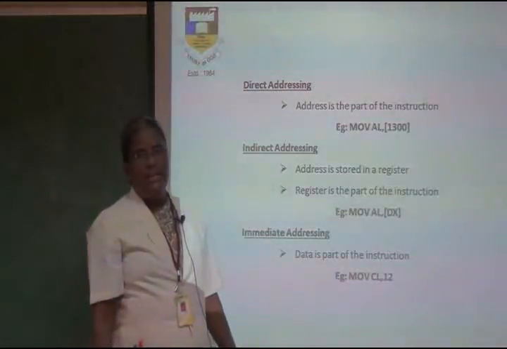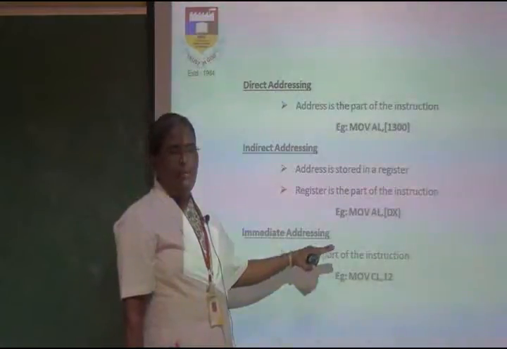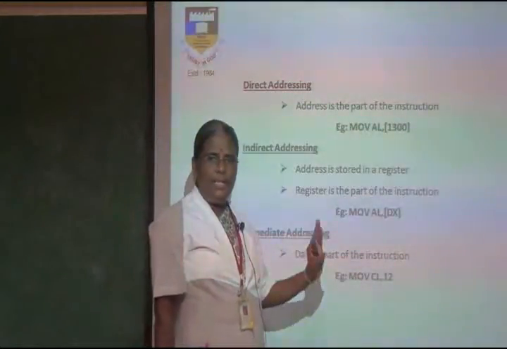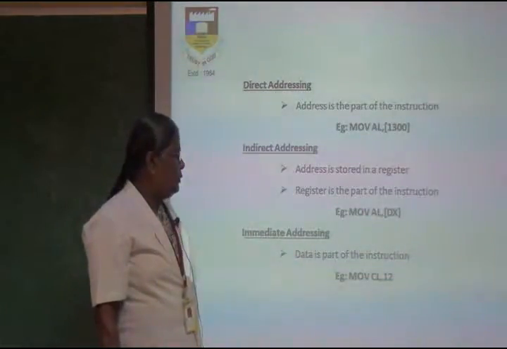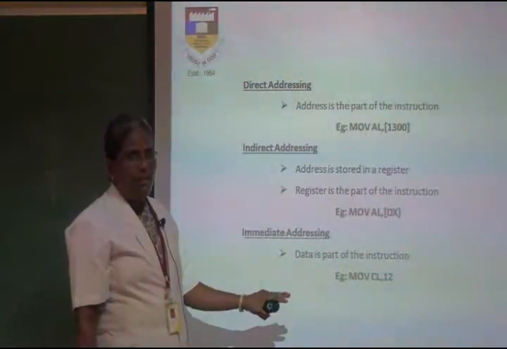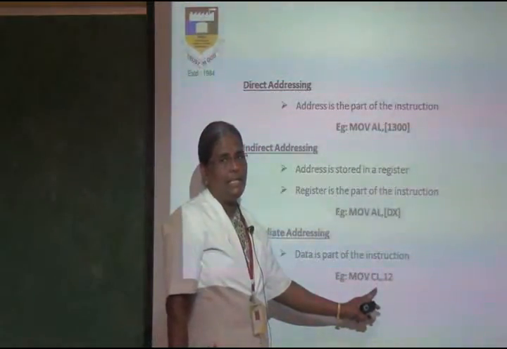Then immediate addressing, there is no problem. The data is a part of the instruction; data is specified in the instruction itself. Here, example MOV CL, 12. The data 12 is moved to the CL register.